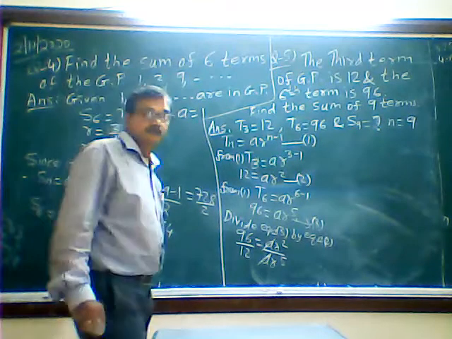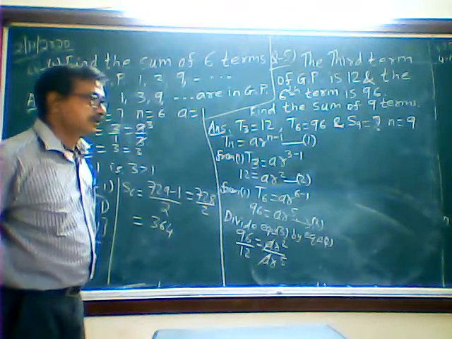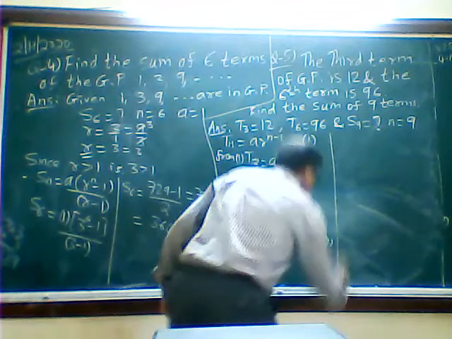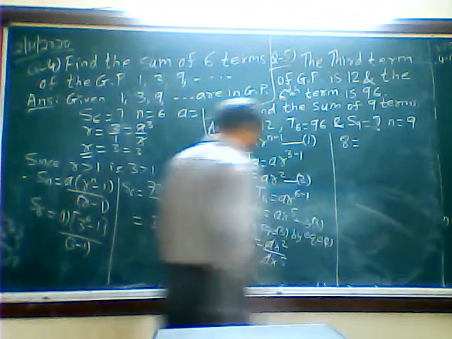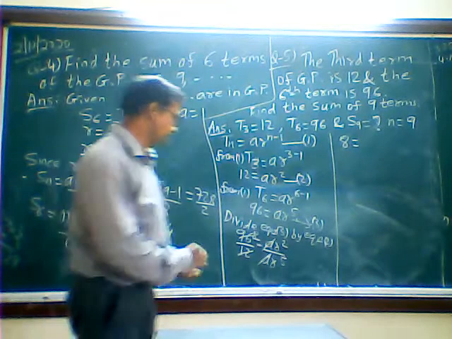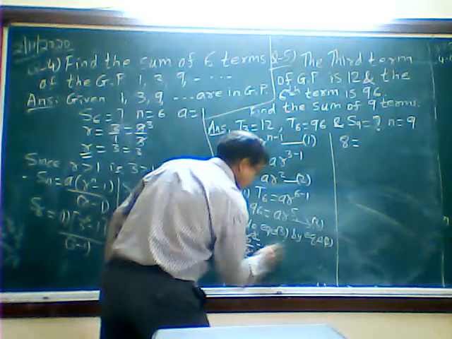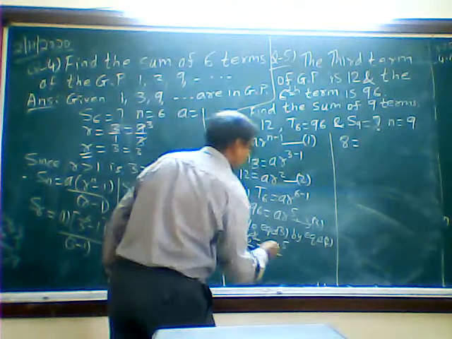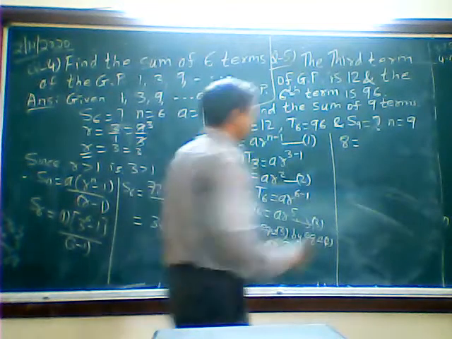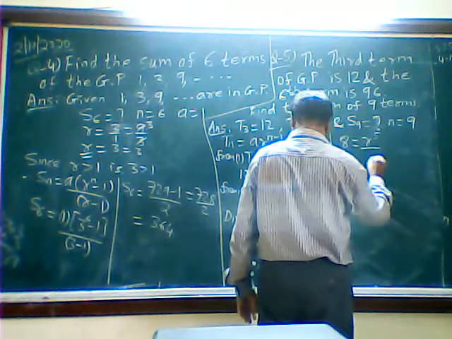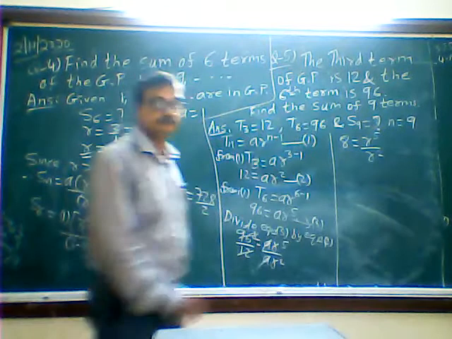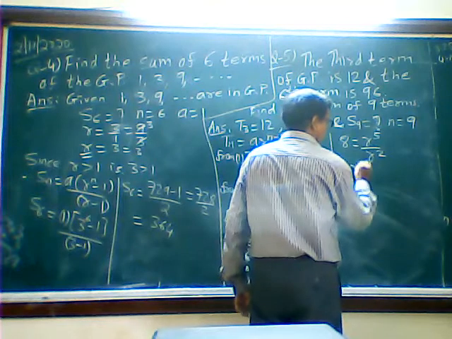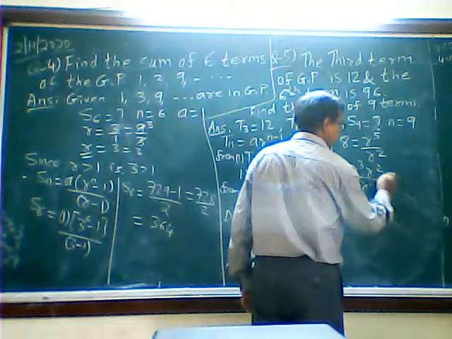Now 12 8s are 96, so 8 is equal to A r raised to 5 divided by A r square, which leaves r raised to 5 divided by r square is equal to 8.